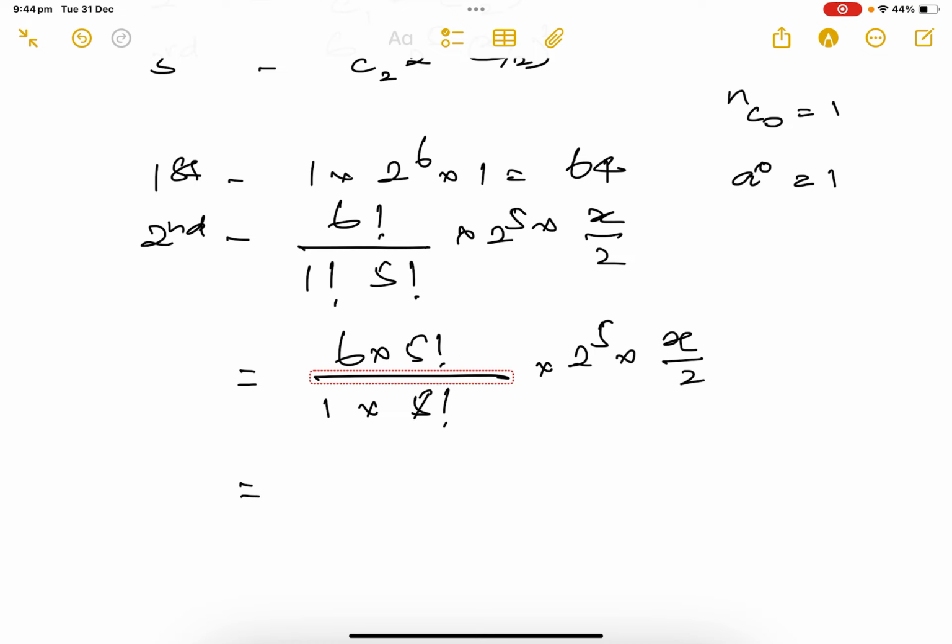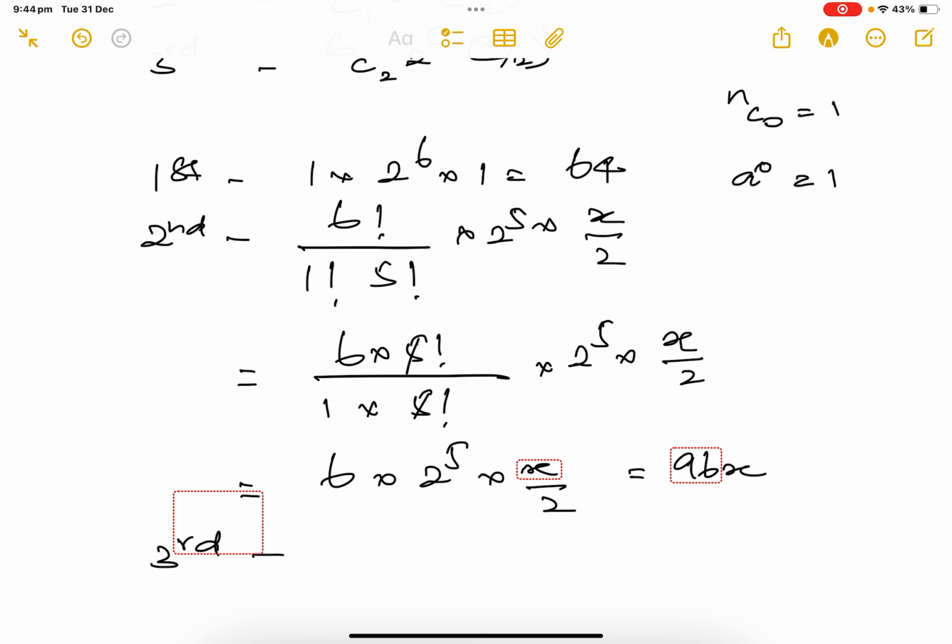The 5 factorial cancel out. The answer will be 6 times 2 to the power 5 times x divided by 2. If you simplify it, 2 to the power 5 divided by 2 will be 2 to the power 4, that is 16. 16 times 6 is 96. 96x is the second term.